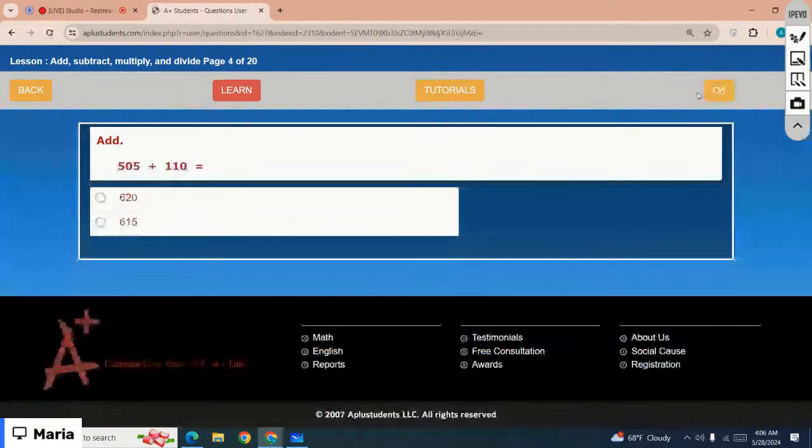Okay, the next one is 505 plus 110. So which is the correct option? The correct option is 615. Option number two is the correct option.